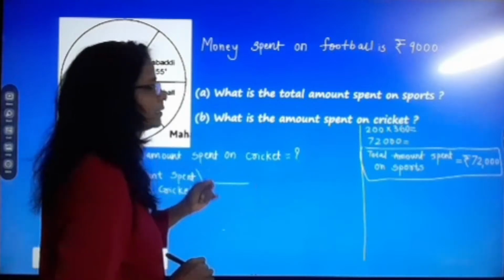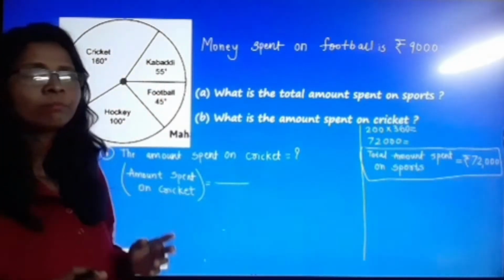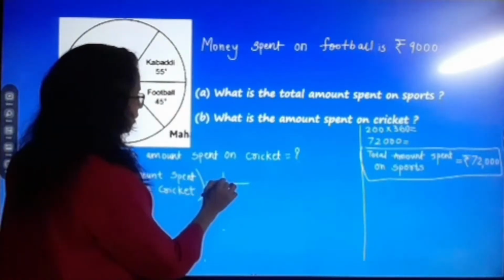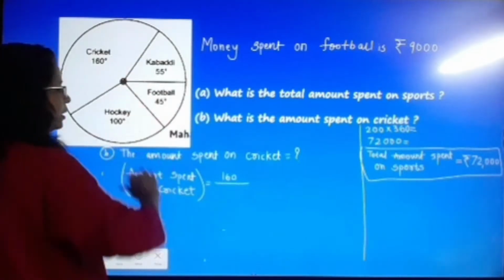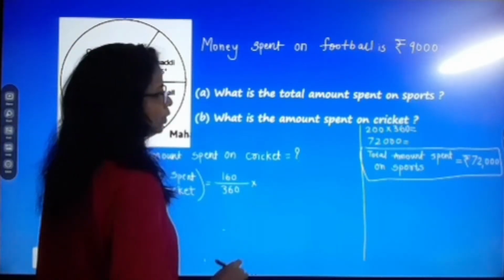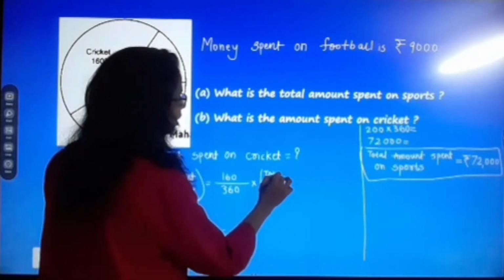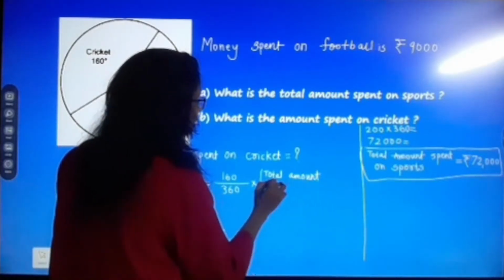First we write at the numerator place the angle made by the cricket, and that angle made by the cricket is 160, and the total measure of the circle is 360, multiplied by the total amount spent on sports.